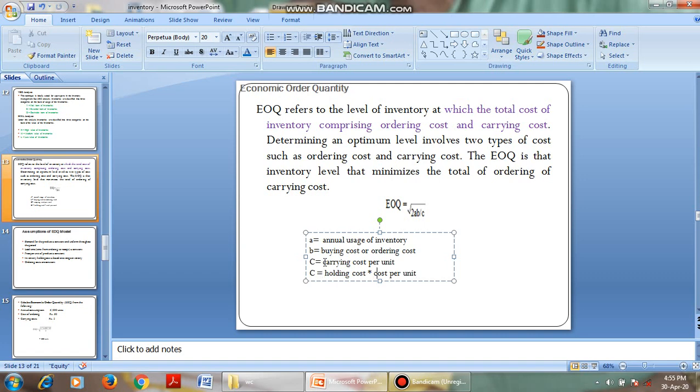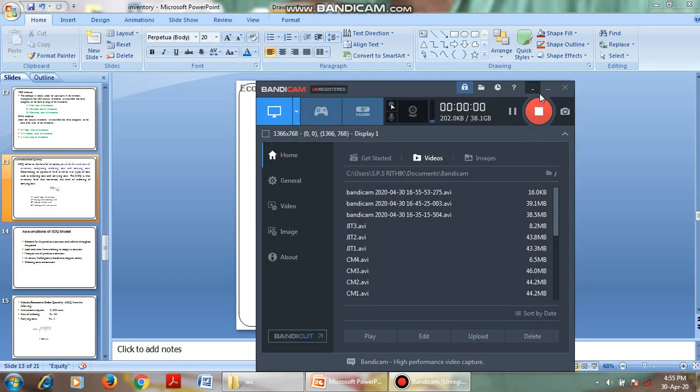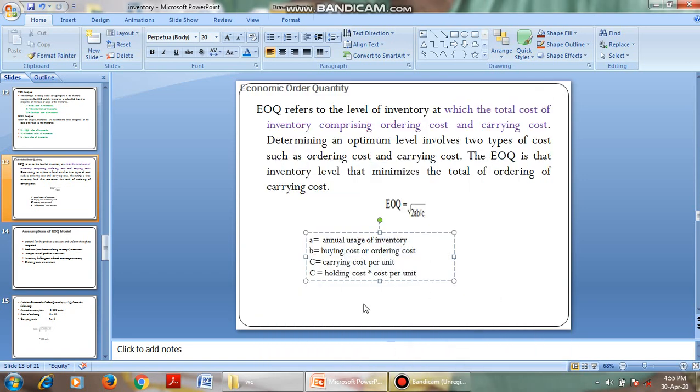What is the formula for carrying cost? Holding cost into cost per unit. Carrying cost is nothing but holding cost into cost per unit. If you hold raw material in a warehouse or in a godown or anywhere, it requires some cost. For example, if you hold some raw material in a big warehouse, it requires some cost.